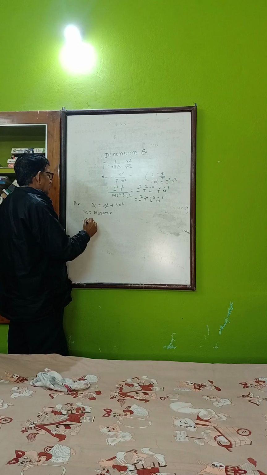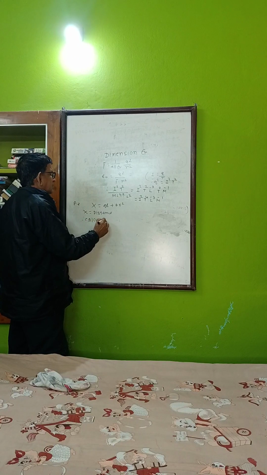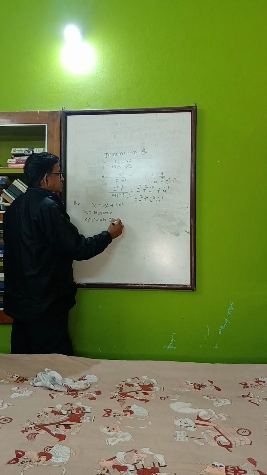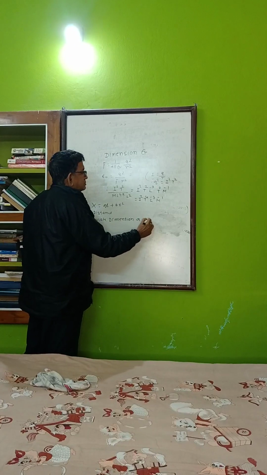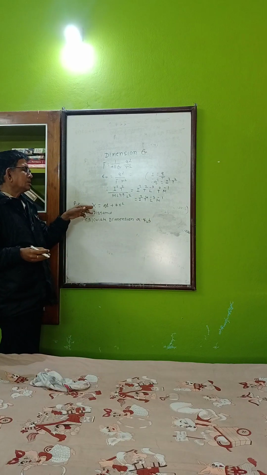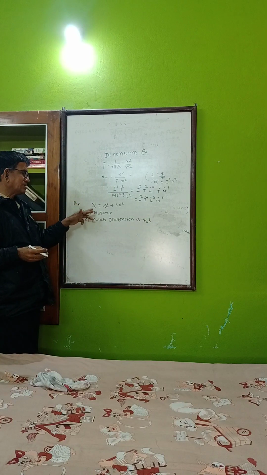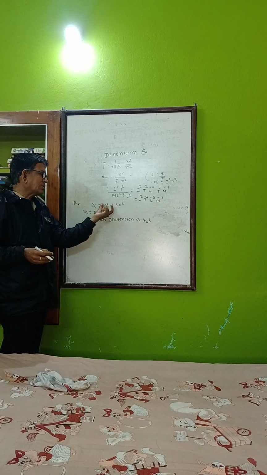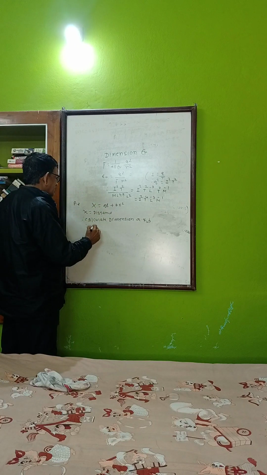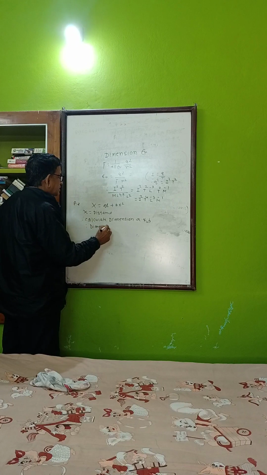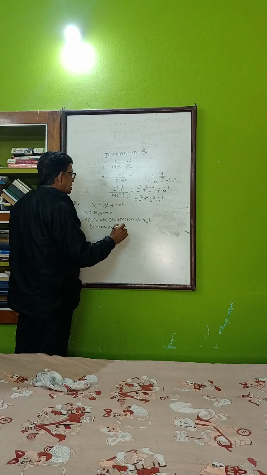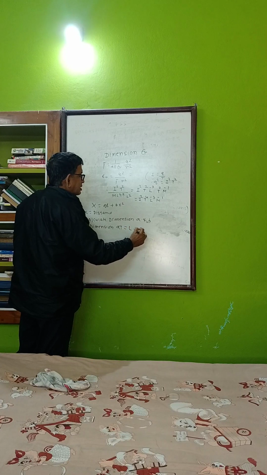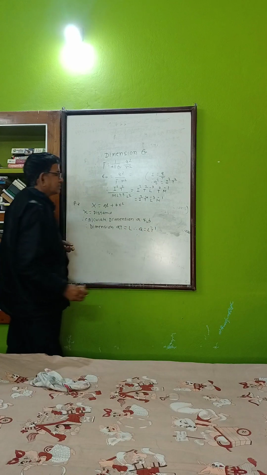Calculate the dimension of A and B. Left hand side dimension is distance. Each term on right hand side dimension will be distance. So dimension of AT equal to L, the dimension of A equal to L t to the power minus 1.